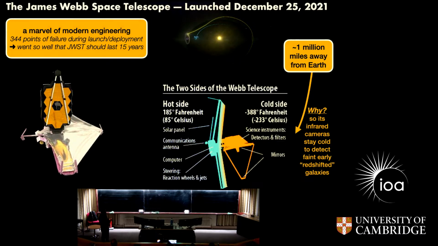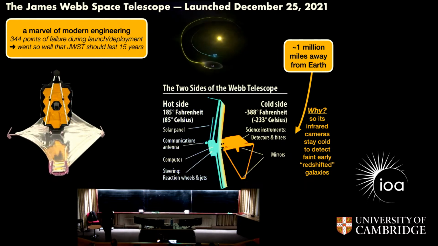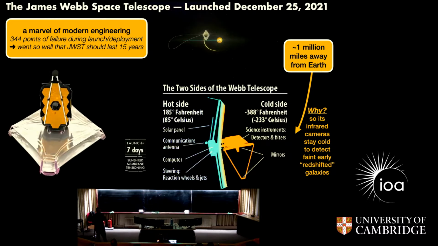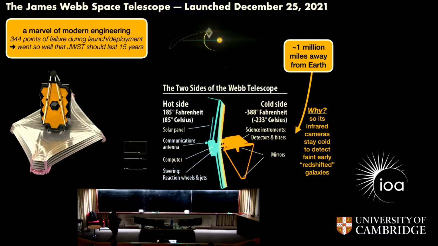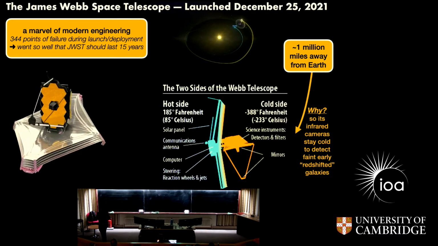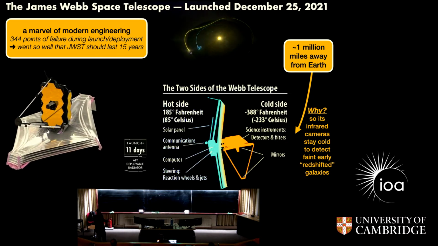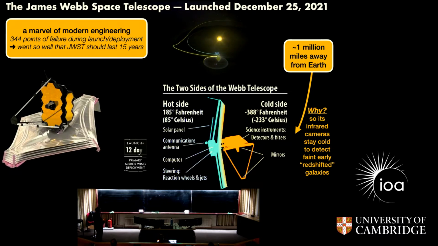So its infrared cameras, which we use to take these pictures of early galaxies, need to be kept extremely cool. Because if they're hit by sunlight, that sunlight is going to heat up the cameras, and the cameras will emit infrared radiation of their own due to the heating from the sun, and that'll wash out any faint light from these early Milky Way ancestors.